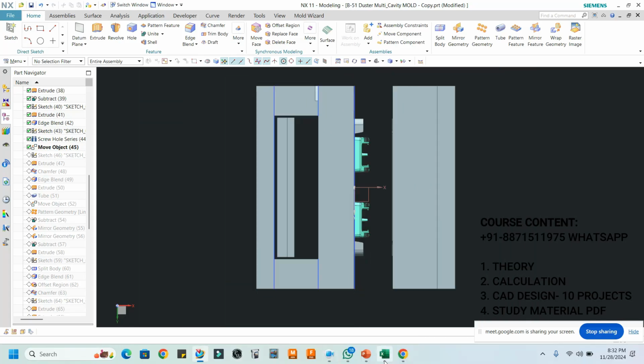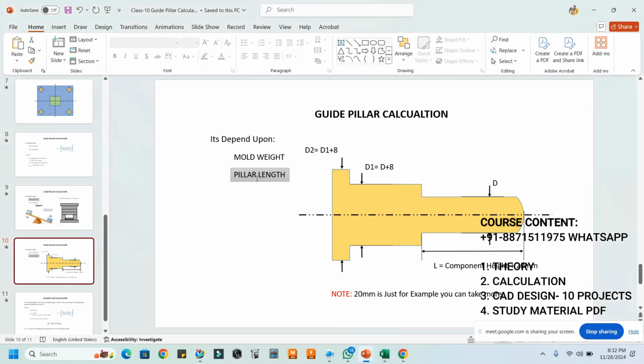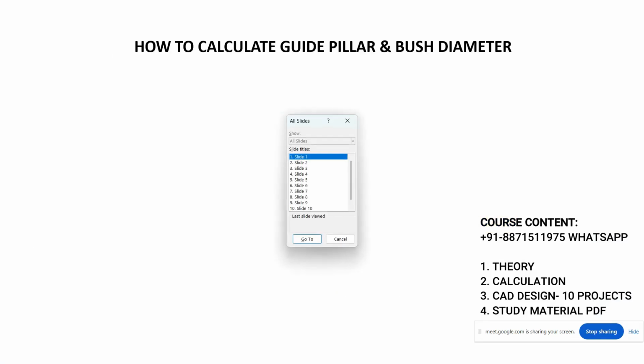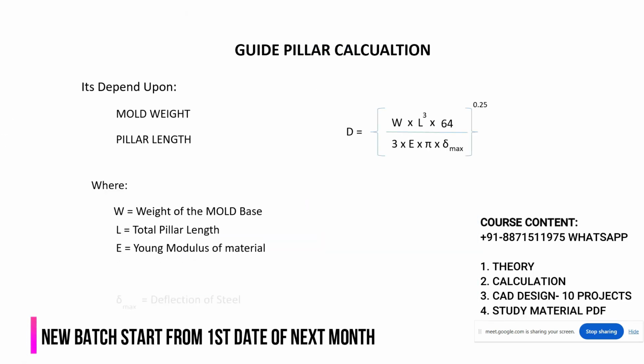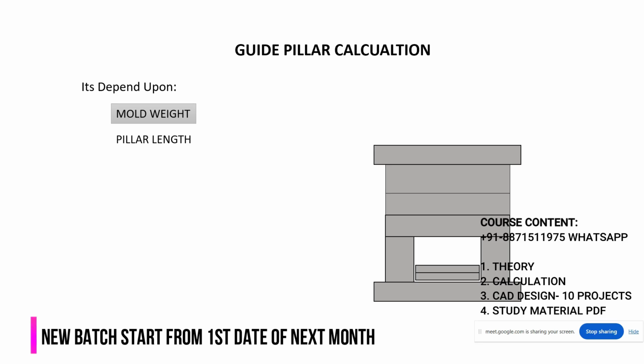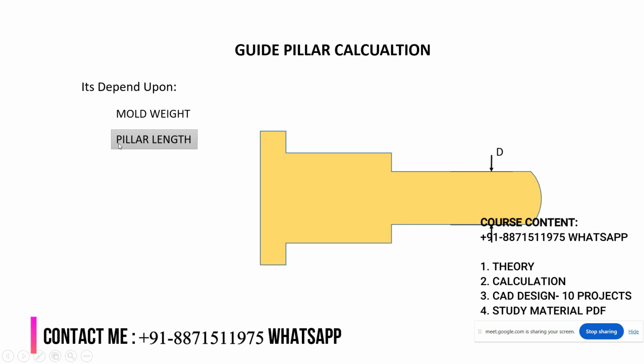Okay, so understood about this? Yes, sir. So this diameter is depending upon the mold weight and the pillar length.